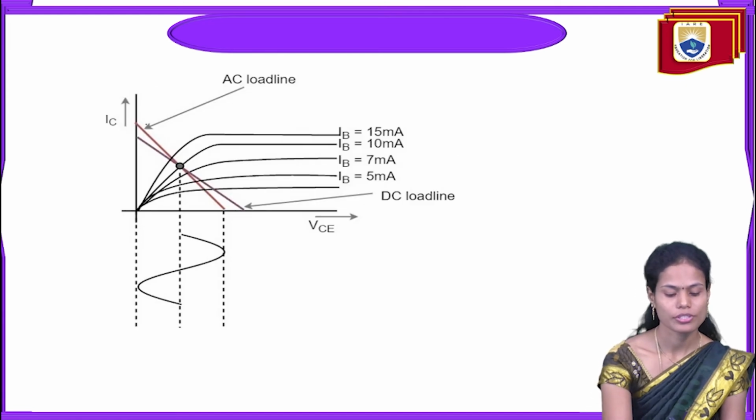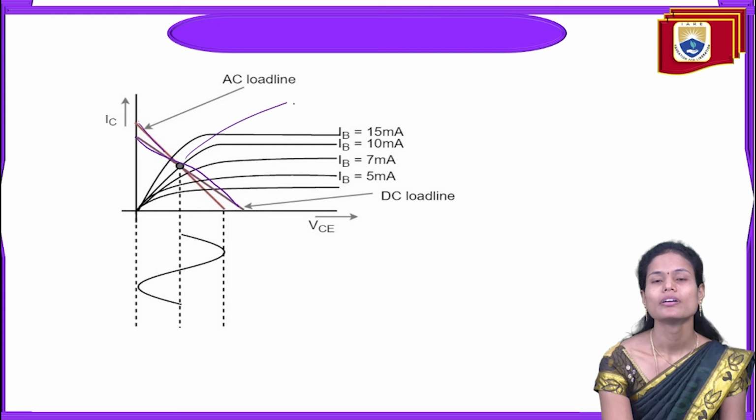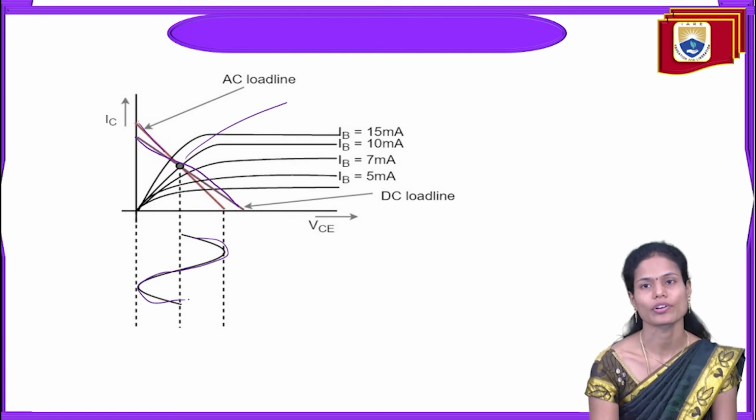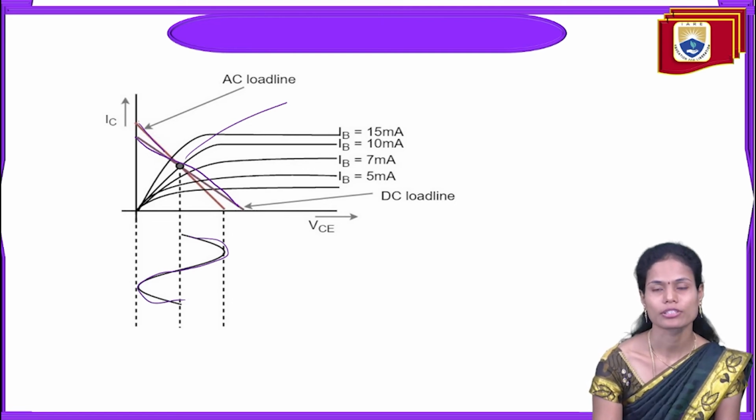So this is the DC load line, where we are providing the DC voltage as well as the current. And this is the AC load line, whenever we provide the input as a sinusoidal signal. Each and every point we need to explain clearly: at what input, what characteristics we are getting.